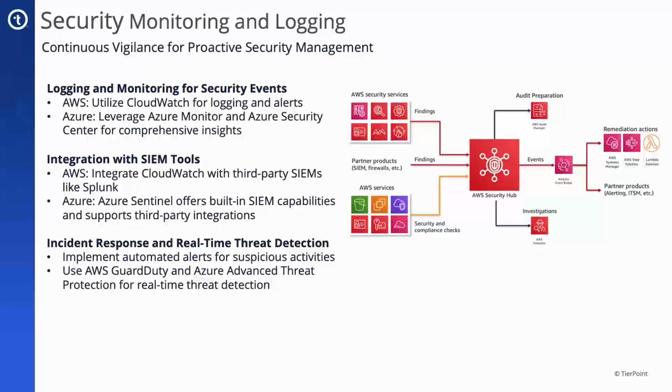Azure Policy allows an organization to set requirements and enforce those requirements for any sort of resource that exists within a subscription. And Azure Monitor, which is a collector that analyzes and acts on telemetry data from Azure and on-premises resources. Both AWS and Azure offer comprehensive sets of security services designed to address various aspects of cloud security, from identity and access management to data protection and threat detection.